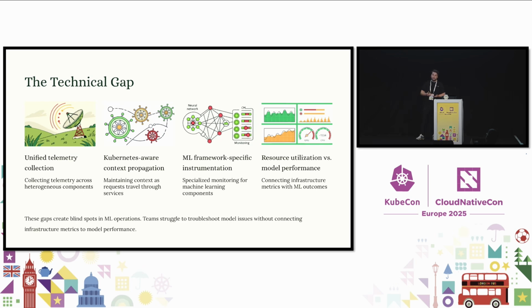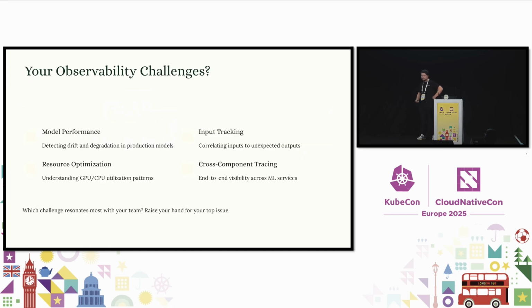There is also very different ML framework-specific instrumentation, so specialized monitoring for machine learning components. And you have to connect your infrastructure metrics with the machine learning outcomes. These gaps create a blind spot in ML operations, and teams struggle to troubleshoot model issues.